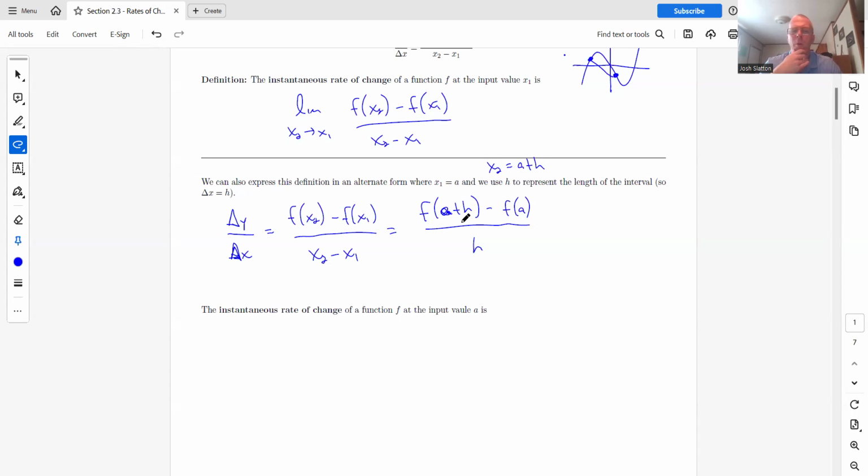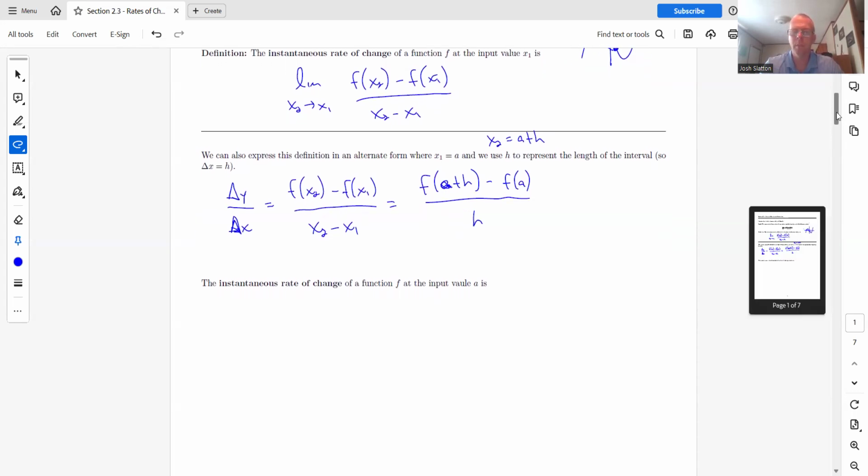Sometimes it's easier to use the first way, sometimes it's easier to use the second way, but you want to be comfortable with both of them. And then we can turn this instantaneous rate of change at the input value x1 into the instantaneous rate of change at the input value a, which of course a is x1. And we're just going to take the limit of this. So the limit as h approaches 0 now.